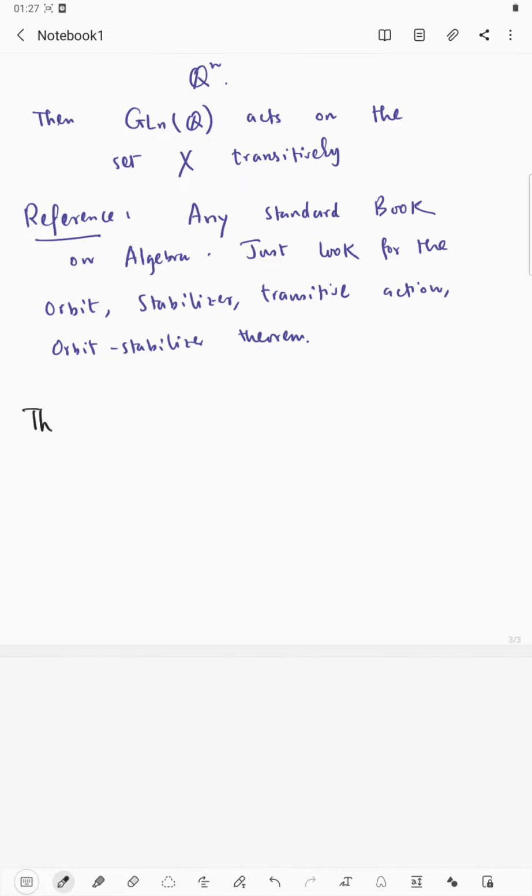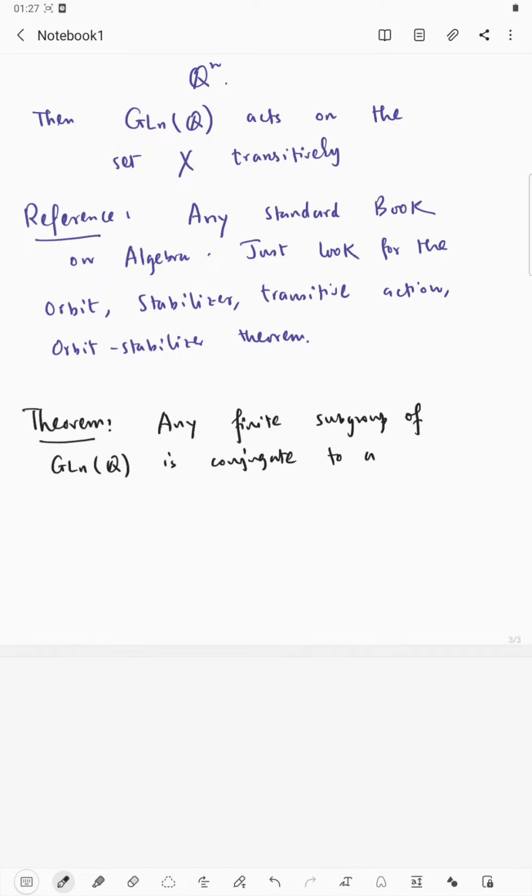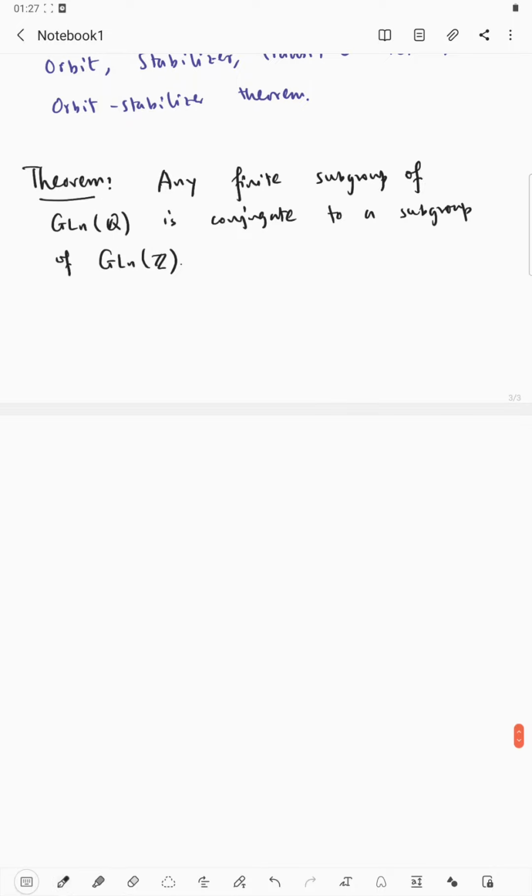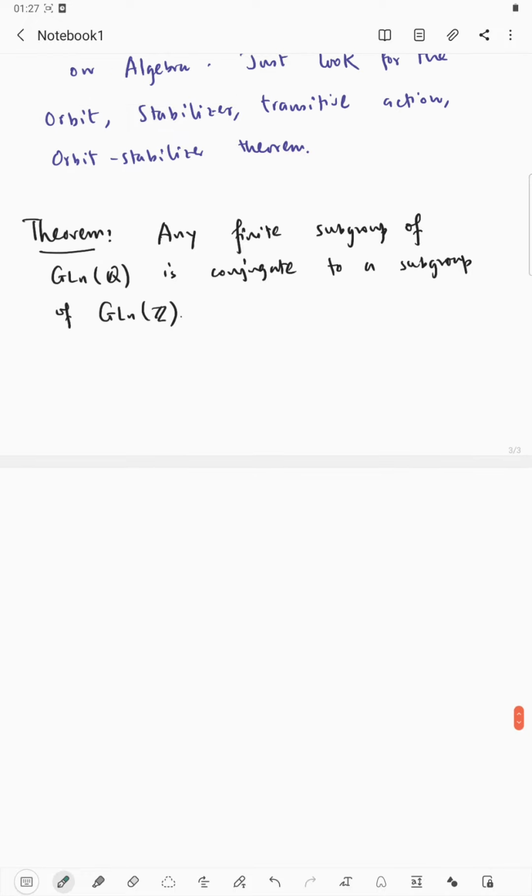So the theorem is that any finite subgroup of GL_n(Q) is conjugate to a subgroup of GL_n(Z). Okay. So the proof is easy using all this machinery. So proof, let us start with the proof.